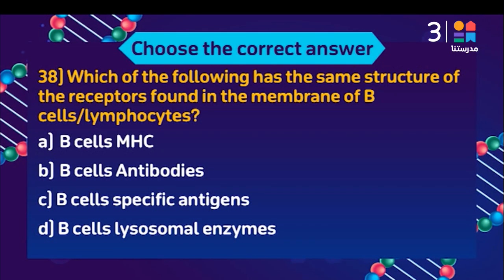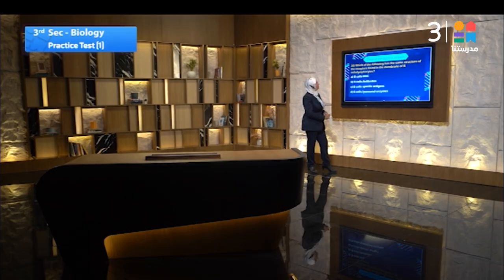Let's go to 38. Question 38 speaks about the same structure of receptors found in the membrane of B cell lymphocytes. Let's read it carefully again. Which of the following has the same structure of receptors found in the membrane of B cell lymphocytes? Let's read the choices.